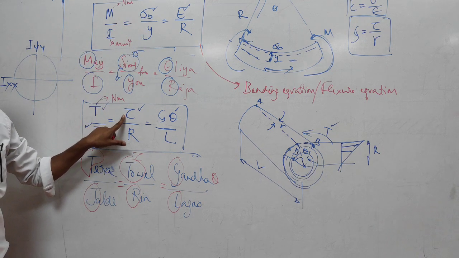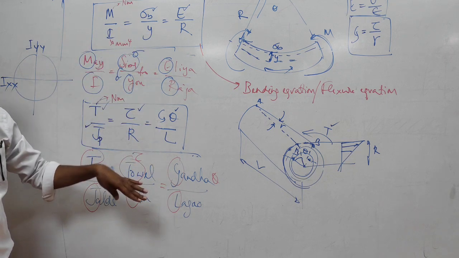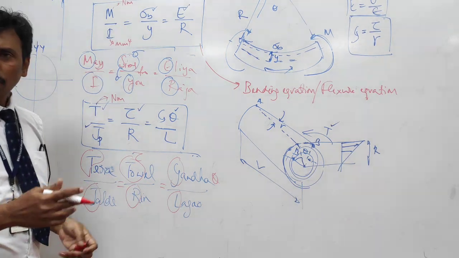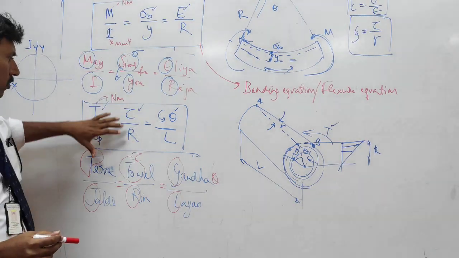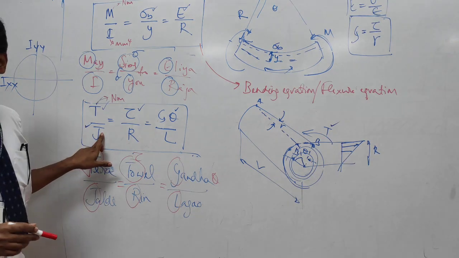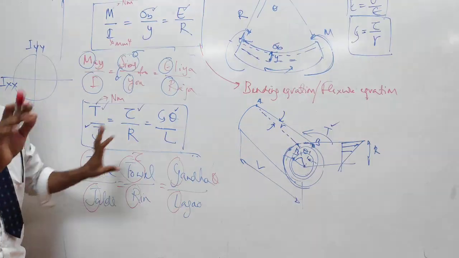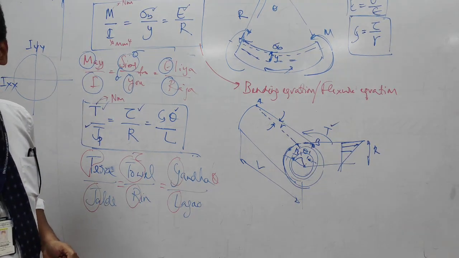It matches; these two equations match in most ways. You can definitely use this equation and solve some easy problems. You just have to know the formula for J. One of these is not given, and you have to find it. They are very straightforward problems. We'll solve two numericals which are very easy.